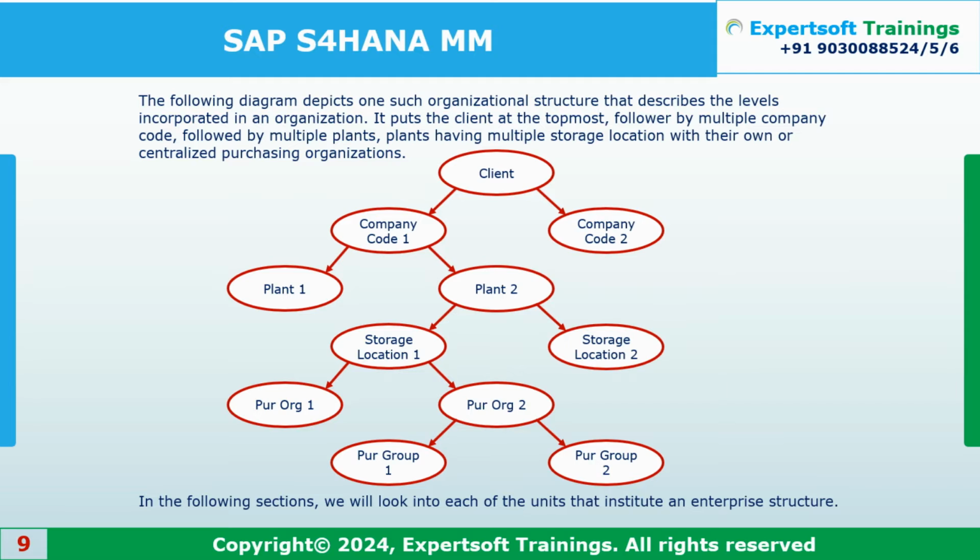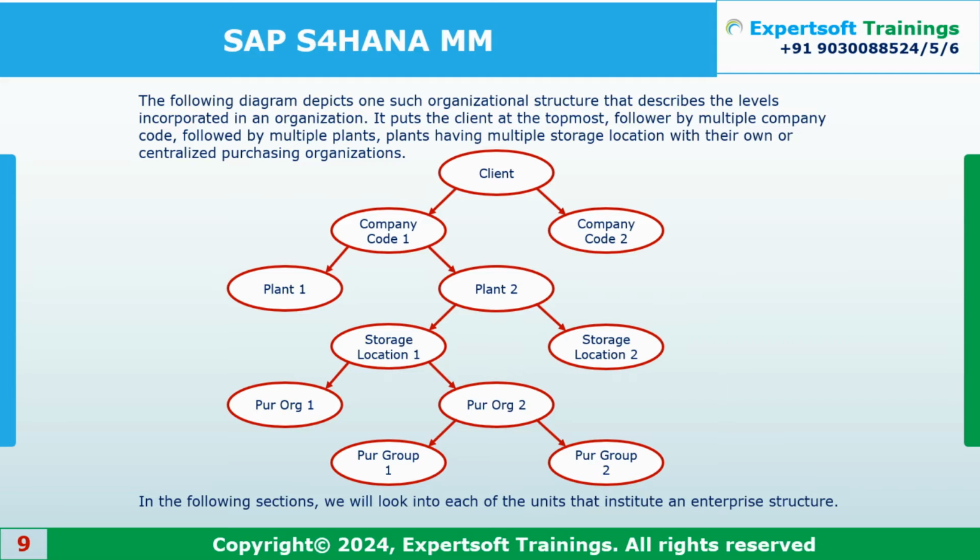Okay. It's clear. And there are a couple of definitions. Client is a commercial organization unit in the R3 system. It has its own set of master data with independent table sets. According to hierarchy, the client occupies the highest level in the SAP system.